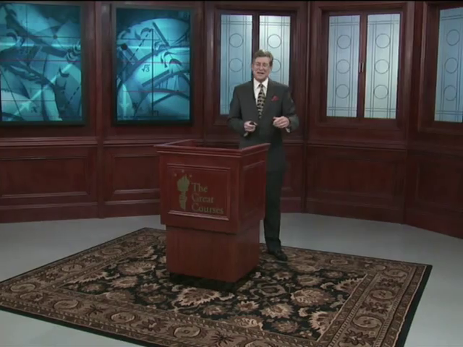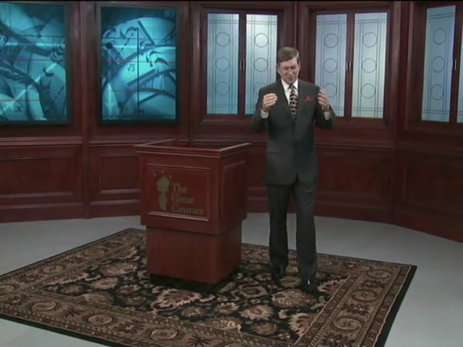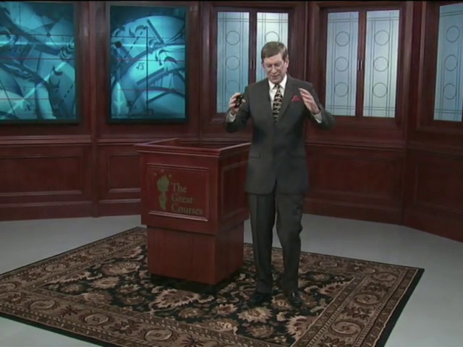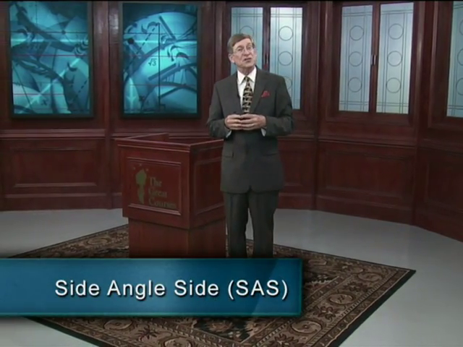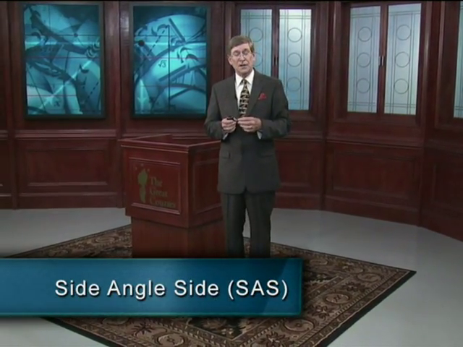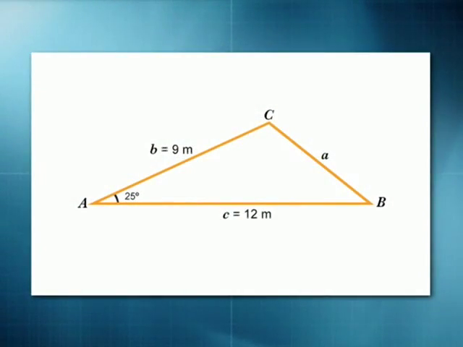All right, let's move on to another example, the other kind of example for which the law of cosines is a powerful tool, and that's the situation of side angle side. So here's a little problem to look at. As usual, triangle ABC, let's assume the angle at A is 25 degrees, and the two sides next to A are 9 meters and 12 meters.